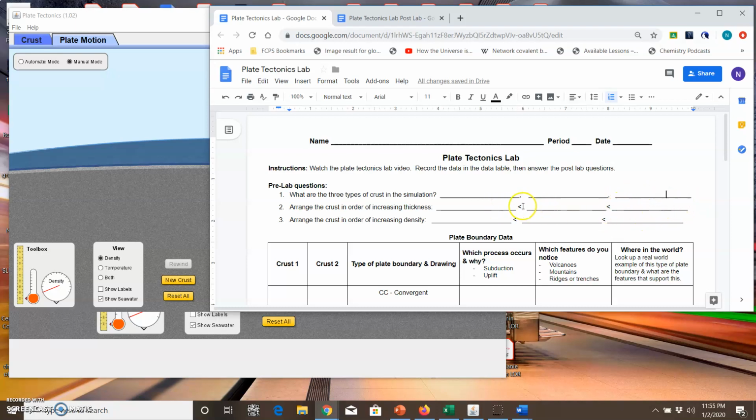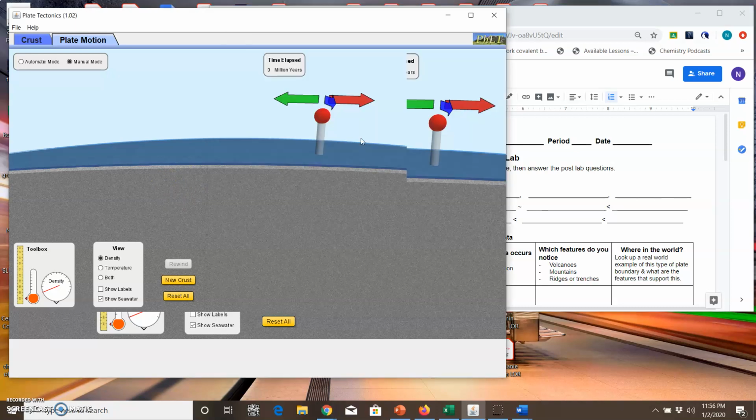And then here in the middle, you can go ahead and change that sign from a less than sign to an approximately equal sign. They're approximately the same, the young and the old oceanic crust. We can't tell the difference, at least not from this simulation, in terms of thickness. The last thing we're going to do is arrange it in order of increasing density. So which one's the densest and which one's the least dense.